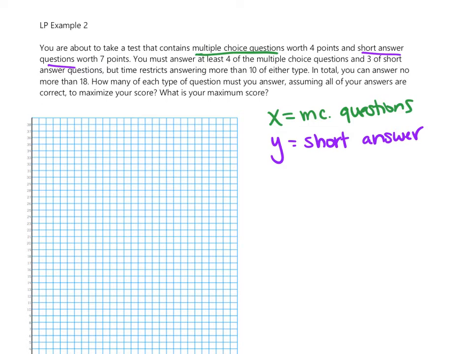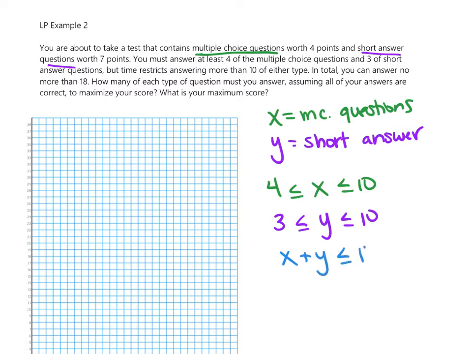So X must be at least 4 but no more than 10, and Y must be at least 3 but again no more than 10. And in total, you can answer no more than 18 questions. So together, X plus Y has to be less than or equal to 18.